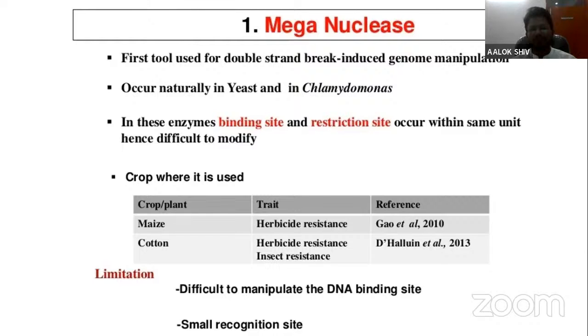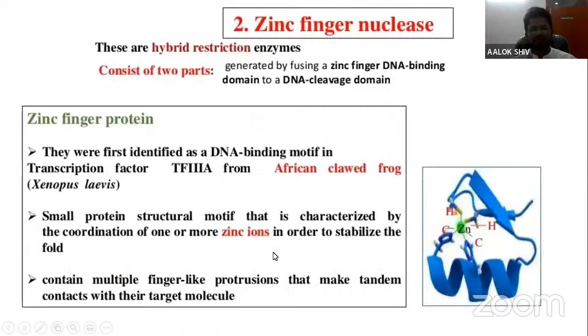And a small recognition site, it could only identify a very small size of the DNA or gene in the genome. That's another limitation. This has been used by Gao and his co-workers in maize for herbicide resistance, and it has also been used in cotton for herbicide resistance and insect resistance.